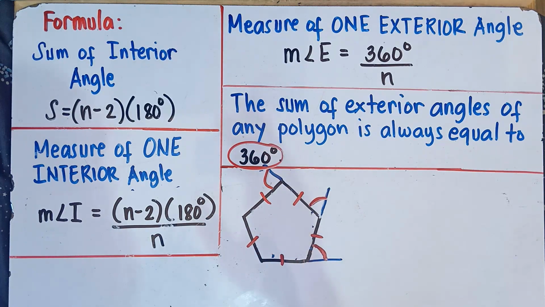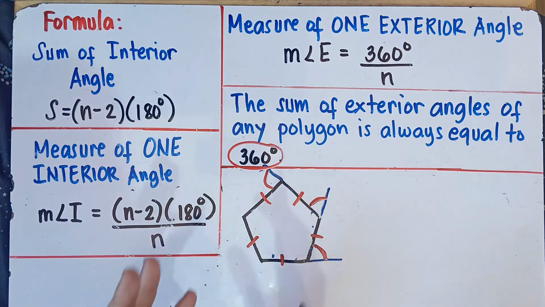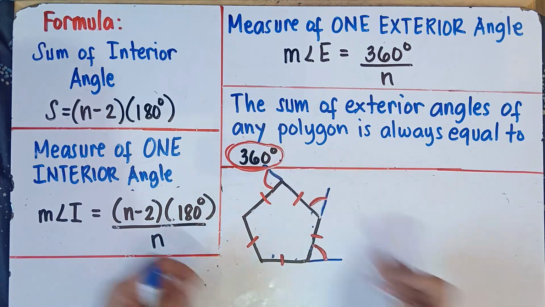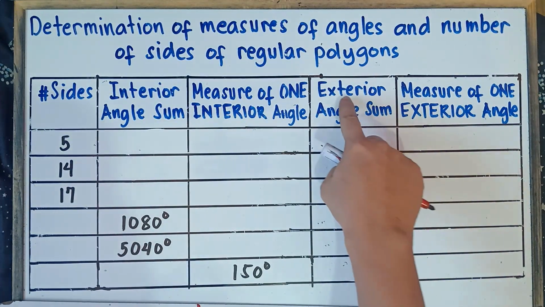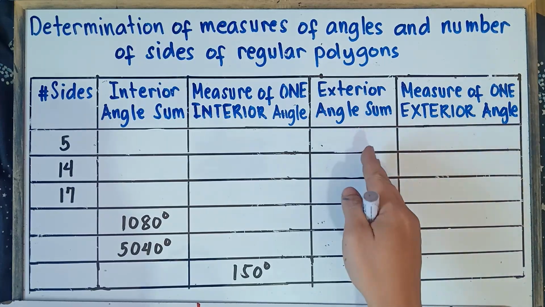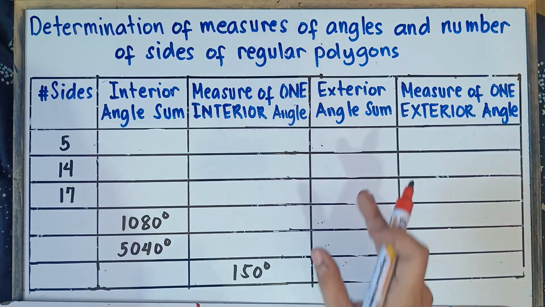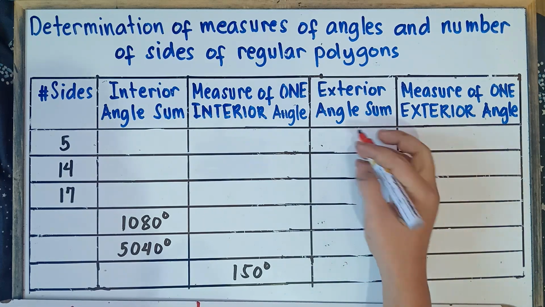The sum of exterior angles of any kind of polygon, whatever polygon it is, is always 360 degrees.